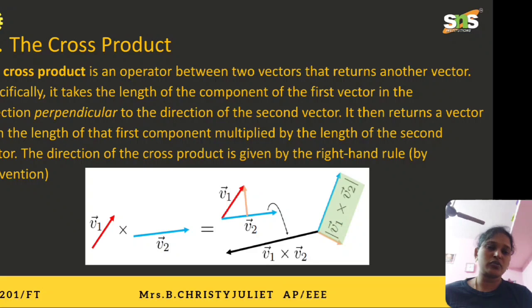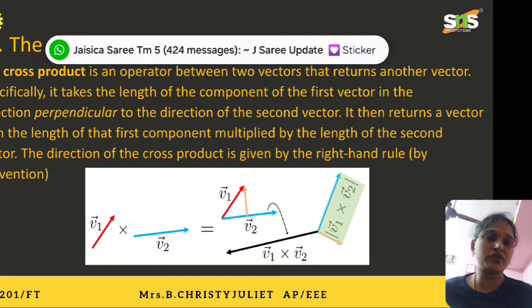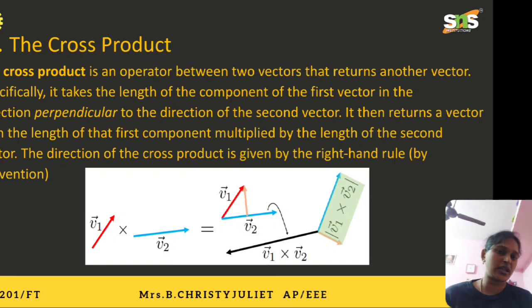The third important thing is the cross product. The cross product is an operator between two vectors that returns another vector. Specifically, it takes the length of the component of the first vector perpendicular to the direction of the second vector. Using the cross product, the resultant will be a vector.